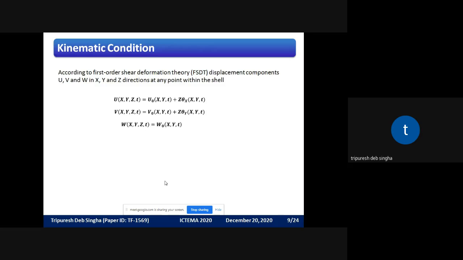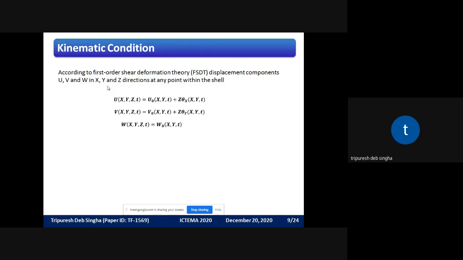Now the kinematic conditions of the shell displacement are determined using the first order shear deformation theory, a very popular structural theory, that means FSDT. U, V and W in X, Y and Z directions are the displacement components at any point within the shell.